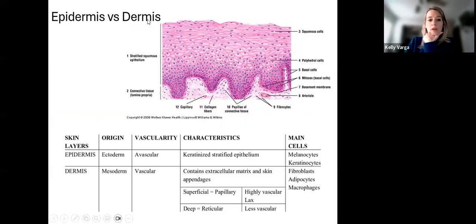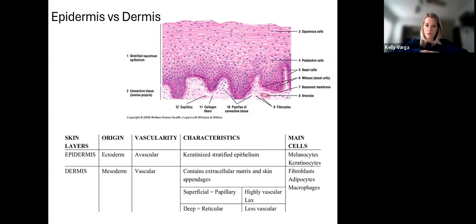So as I mentioned, we have that epidermal and that dermal layer. And if we look, we can identify the different arrangements of the cell types that we have. So what would I want you to know? For our epidermal layer, we are looking at keratinized, so keratin, right? This is an important one.